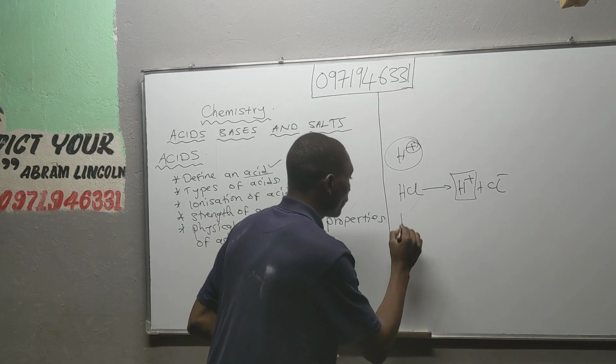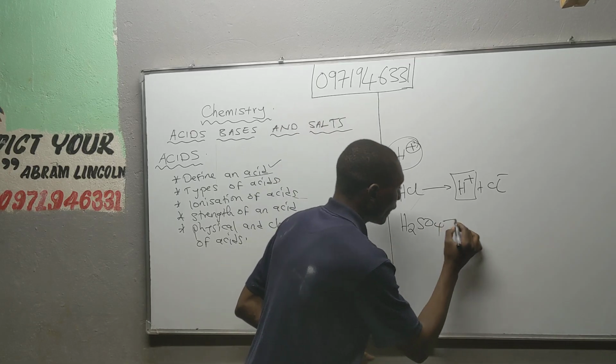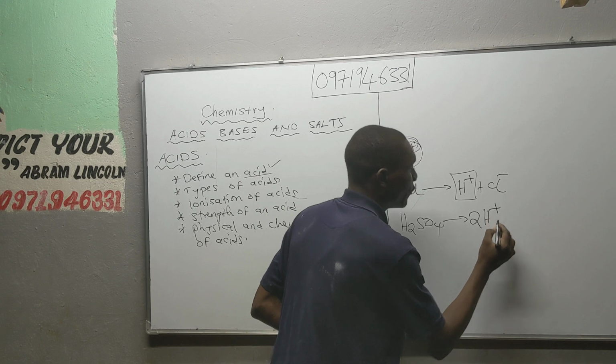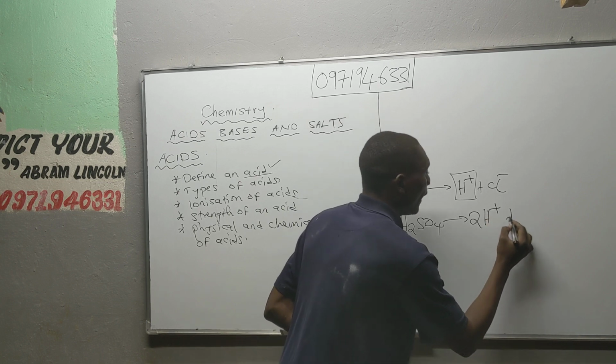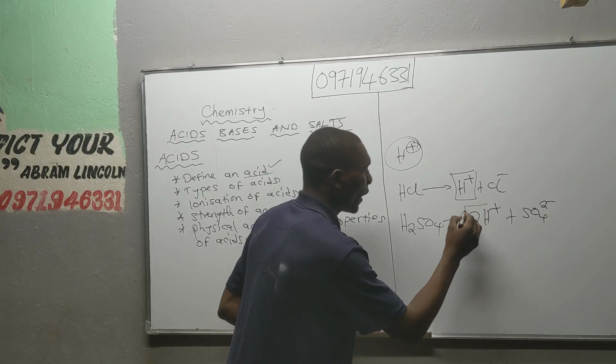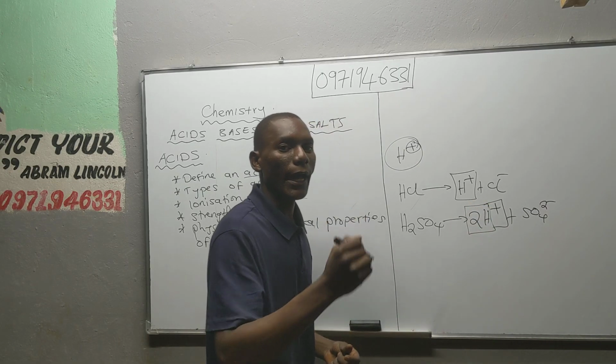Let's take for instance sulfuric acid. If sulfuric acid is dissolved in water, it is going to produce 2 hydrogen ions plus a sulfate ion. Our main focus, remember, is that we are producing hydrogen ions.